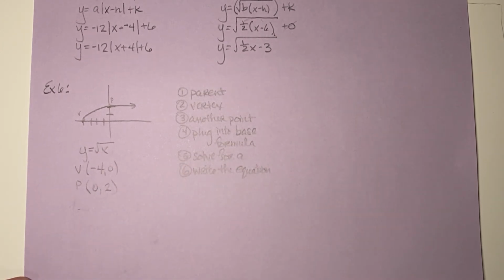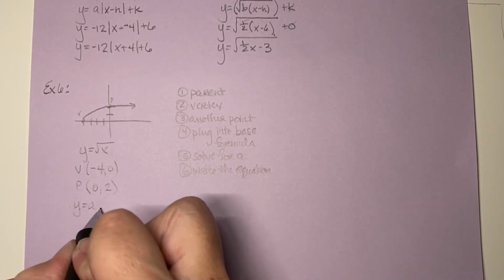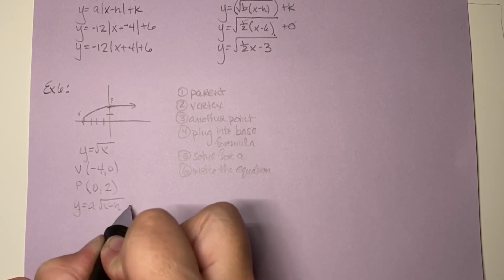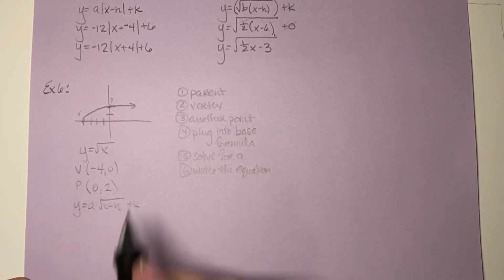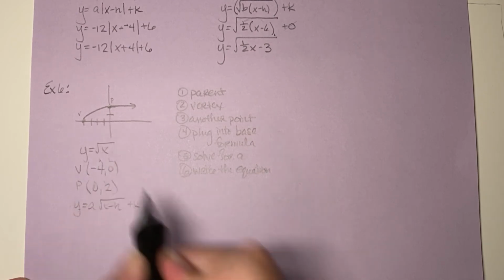Now plug into your base formula. For these, I'll never give you anything that has a horizontal component, so just use the formula that has the A. So y equals a times square root of (x minus h) plus k.